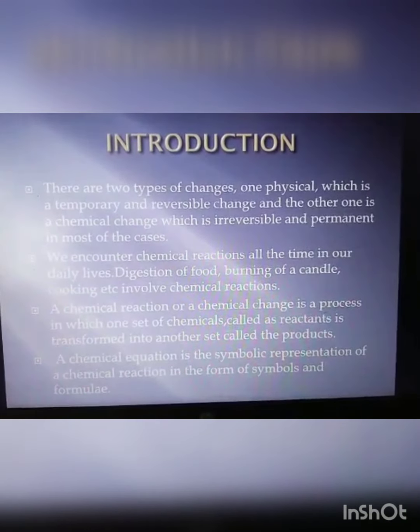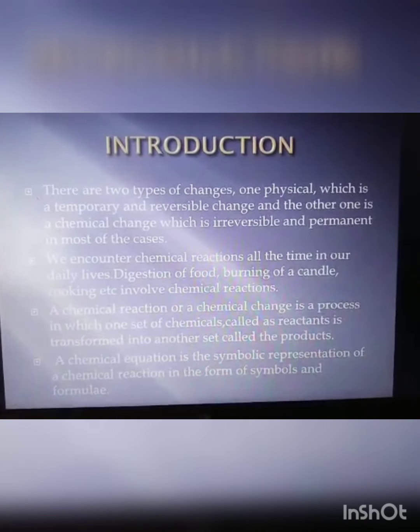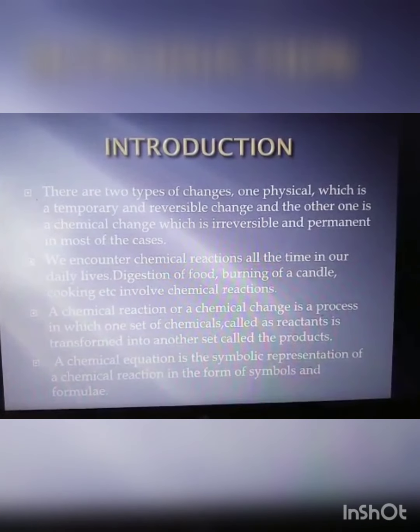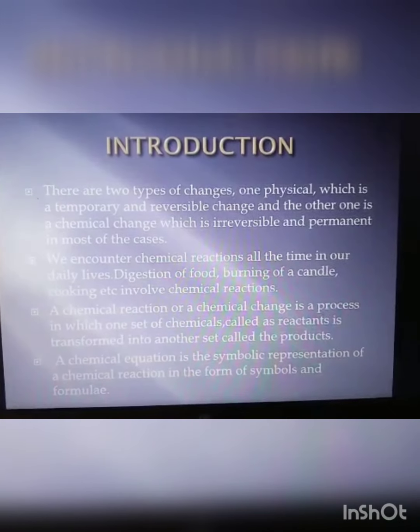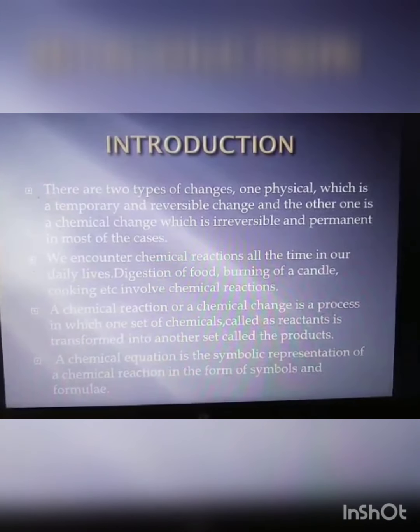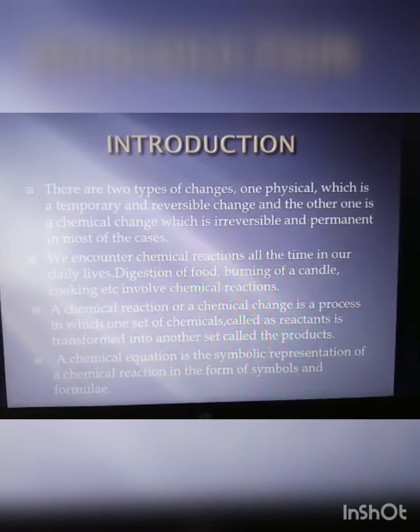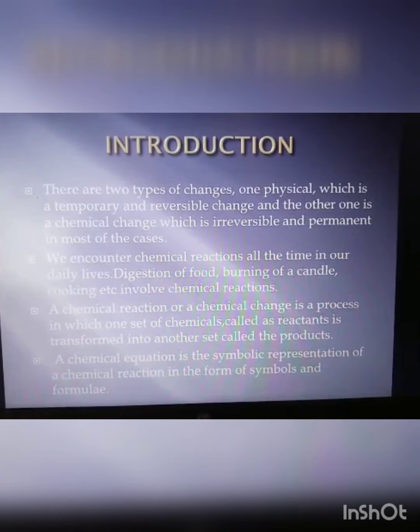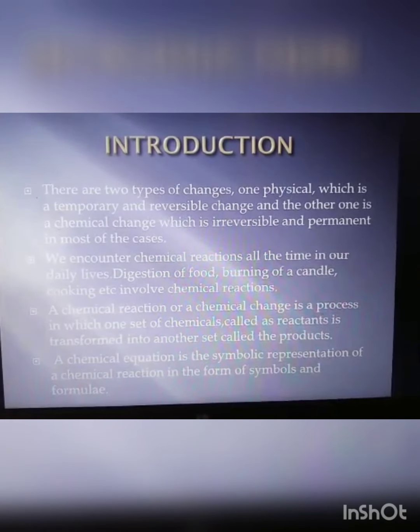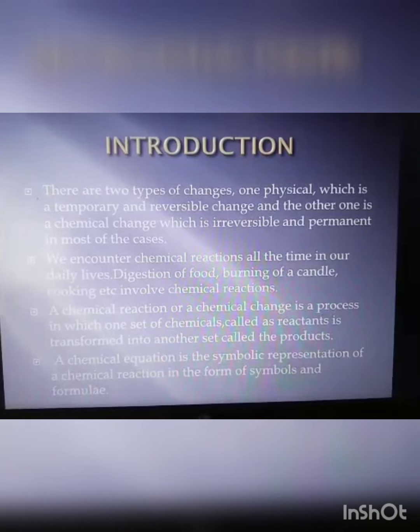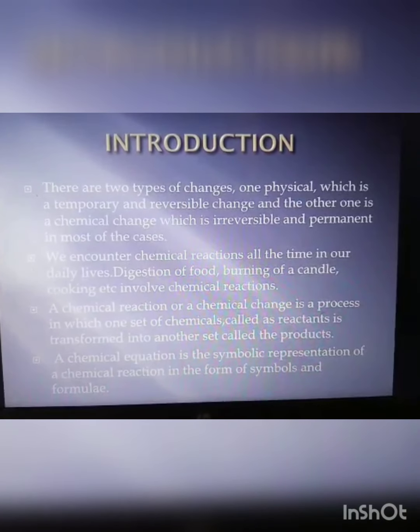Certain examples are there: when milk is left at room temperature during summer, a reaction will take place. Next is an iron tawa, pan or nail which is left exposed to a humid atmosphere. A reaction will take place and it gets rusting.